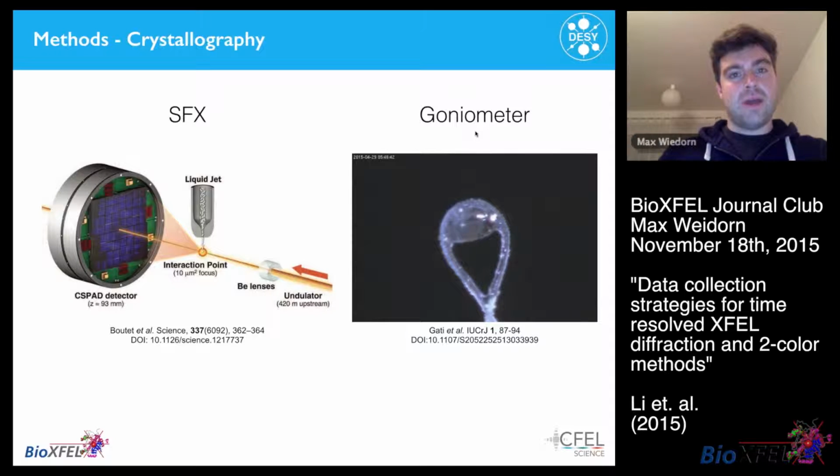As opposed to that, you have the SFX, the serial crystallography approach, where you have lots and lots of crystals in a solution, and you use a nozzle or LCP or other injection systems to put them into the X-ray beam, and then every crystal is hit by an X-ray pulse once and destroyed by it, and the diffraction pattern is collected.